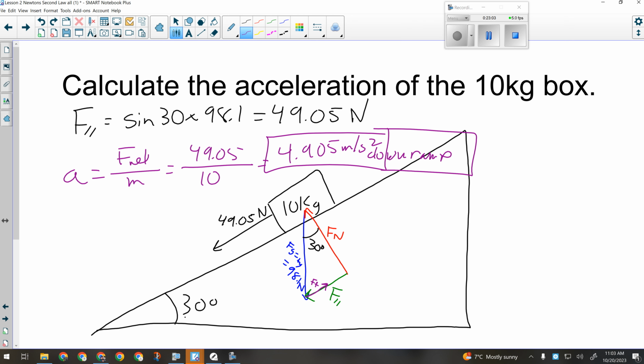F parallel always, friction if it's present, and any applied force, either pushing it up or down. The thing you need to remember about friction is it always opposes. If something's going down the ramp, friction's acting up the ramp. If something's going up the ramp, friction's acting down the ramp. Friction always works against you. It's why it's such a drag.